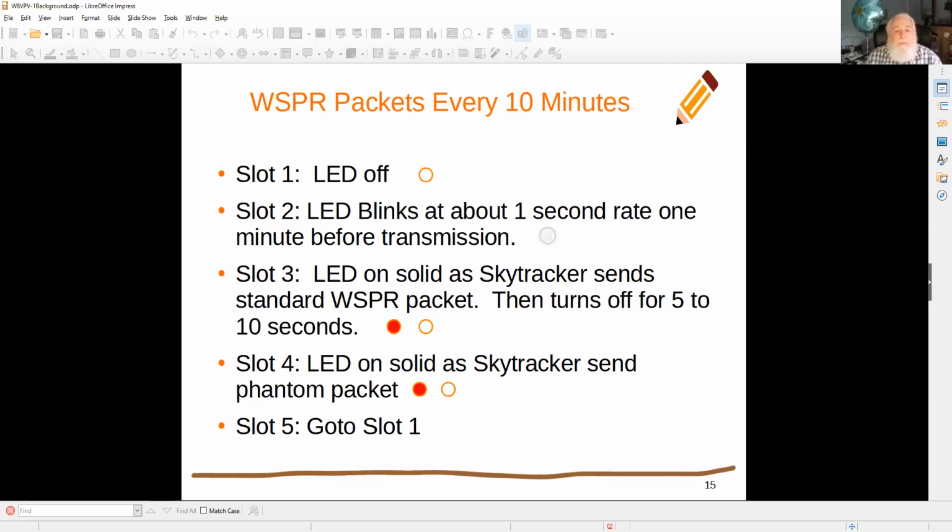We send WSPR packets about every 10 minutes here. It appears that Bill Brown only sends the packets to APRS about every 20 minutes here, so he skips a packet every time.